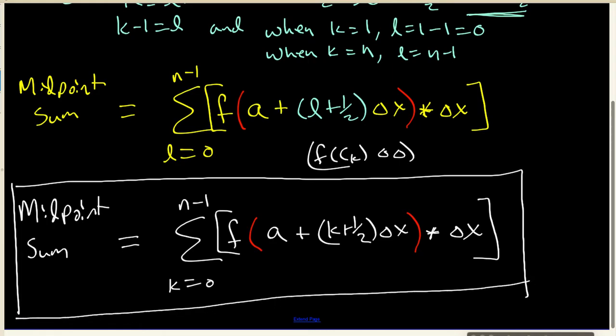What I want to do next is look at a specific example using this formula to find what midpoint sums would look like as Riemann sums.